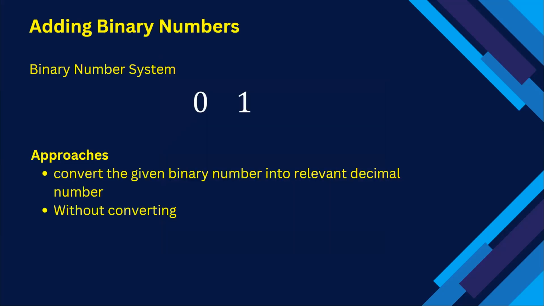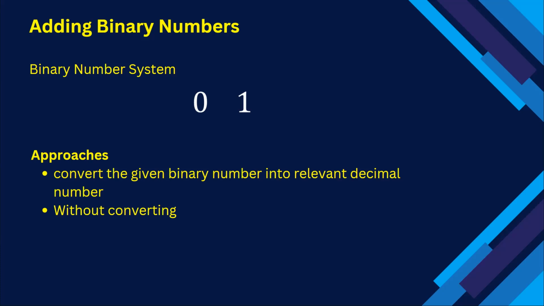But today what we want to do is that we want to learn, how do we add binary numbers? So there are 2 approaches that we're going to look at. The first approach is that you've got, for instance, you want to add 2 binary numbers.